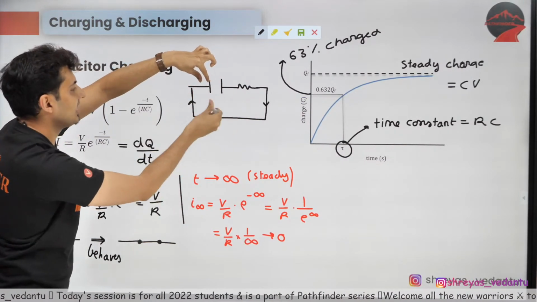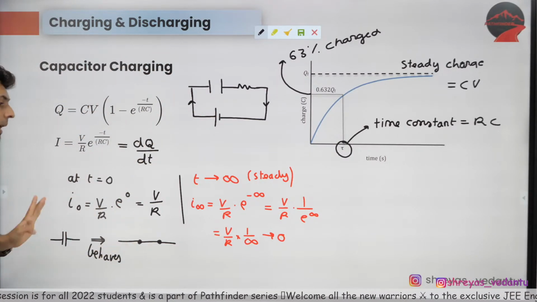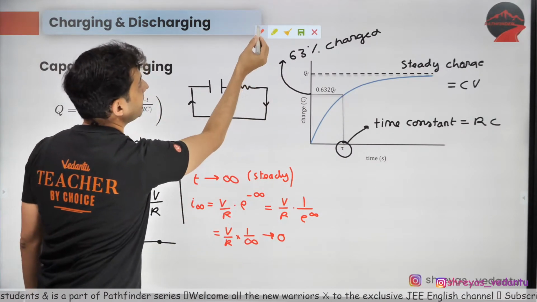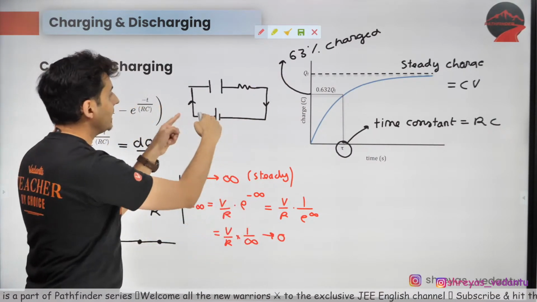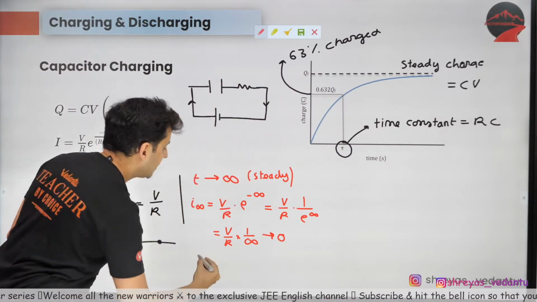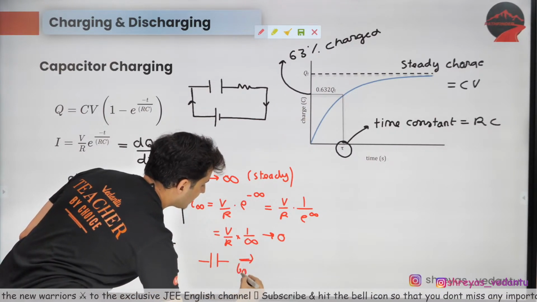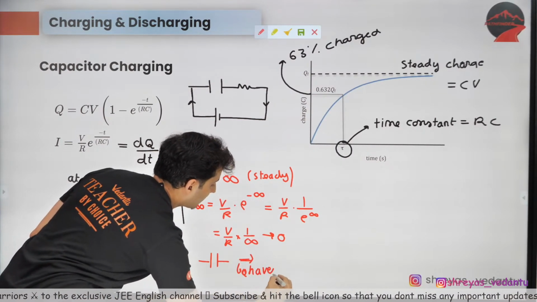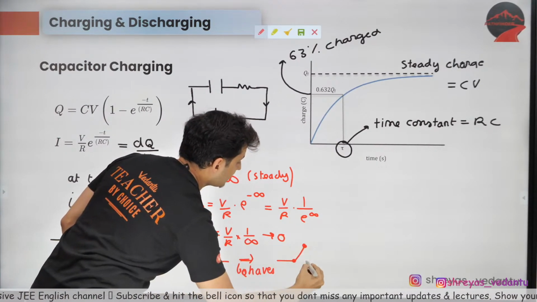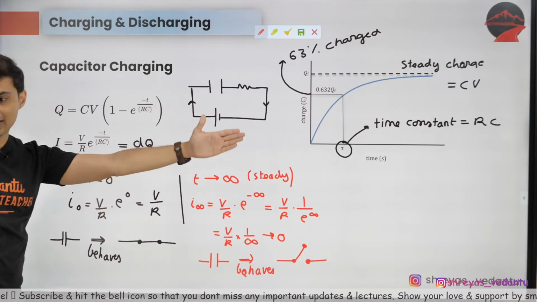So initially when you connect it, it behaves like a wire. Eventually, there is no current in the circuit once it is charged. It blocks the current. So what does it behave like? It behaves like an open circuit. Keep this in mind. Very, very important theory that you are learning over here.